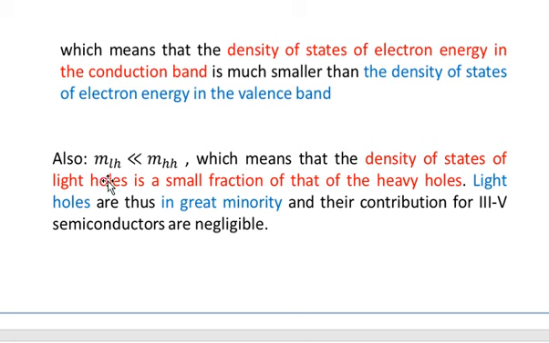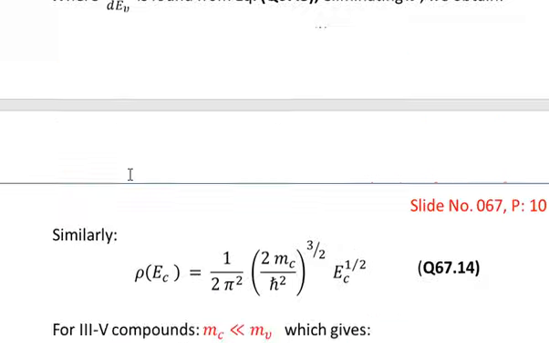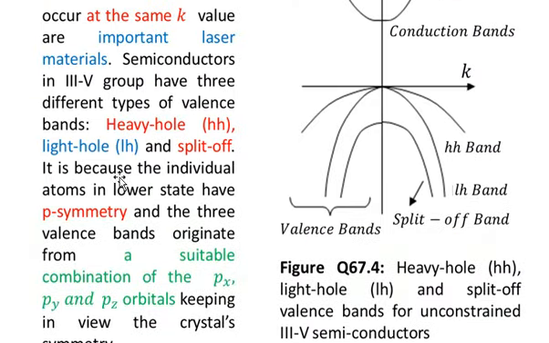Now there is another relationship, that is the mass for the LH. You see that LH we have written over here. Let me show you again this diagram. LH. L stands for light, H stands for hole, that is the light hole, and HH stands for the heavy hole.